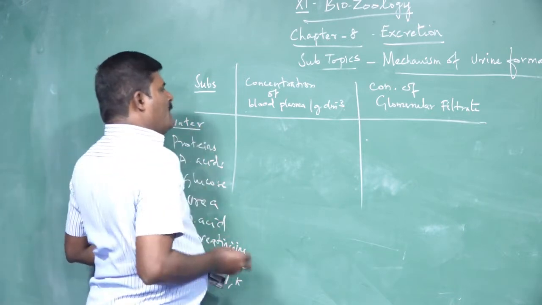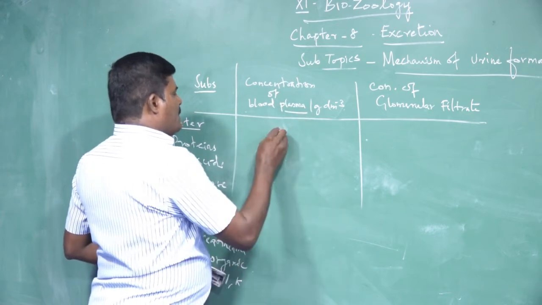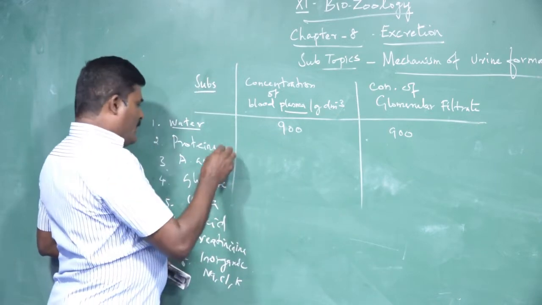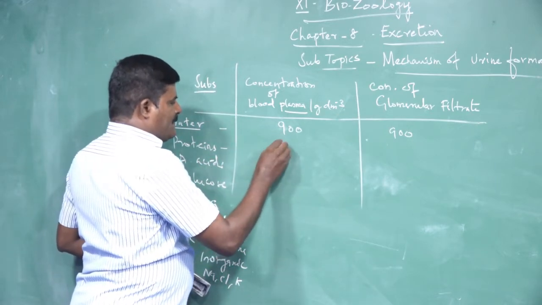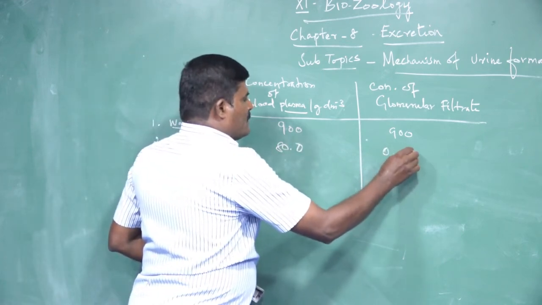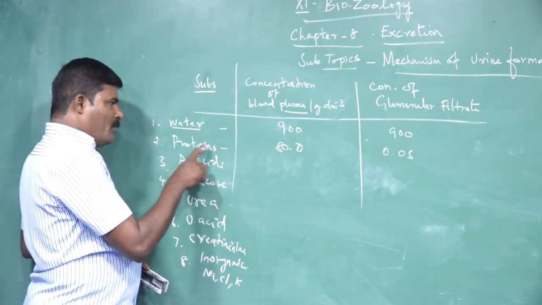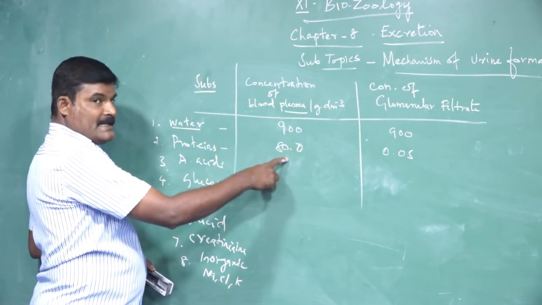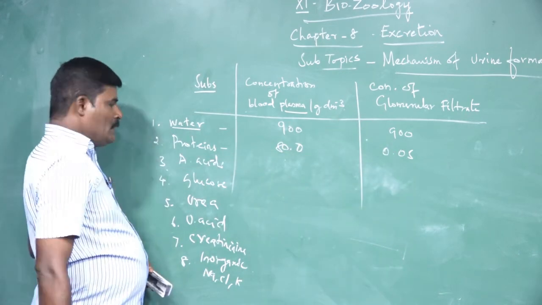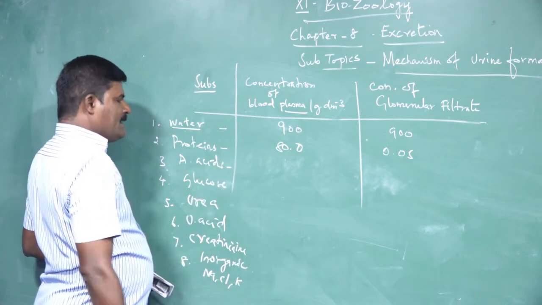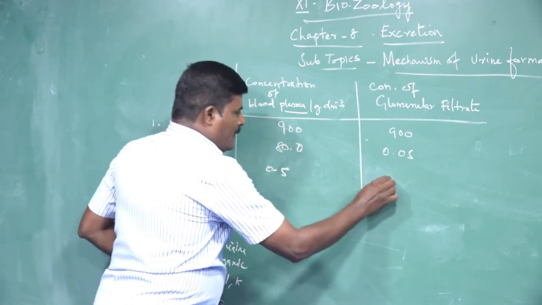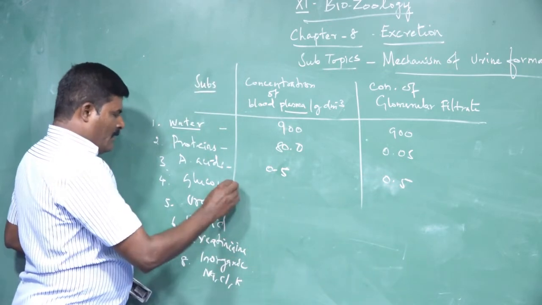What is the amount of water in blood plasma? It is 900, the same in the glomerular filtrate. For protein, the amount in blood plasma is 80, while in the glomerular filtrate it is only 0.05. Amino acids are 0.5, the same in the filtrate.